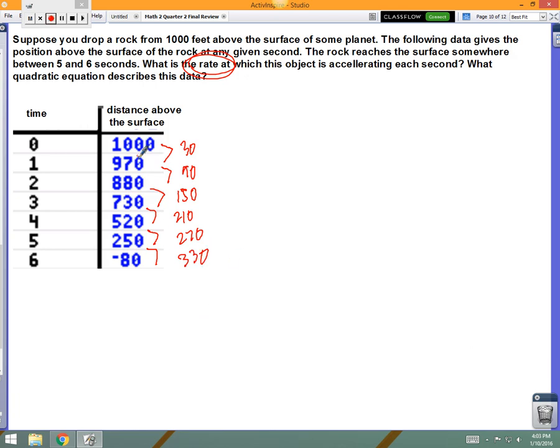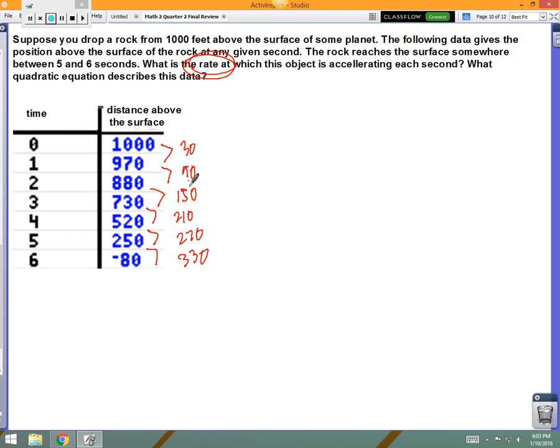So it is getting smaller and smaller, but it is not getting smaller and smaller at a linear rate. The further you go down, the greater the change is. So the change was only 30 units between these first two compared to the fifth and sixth. That changed 330 times.